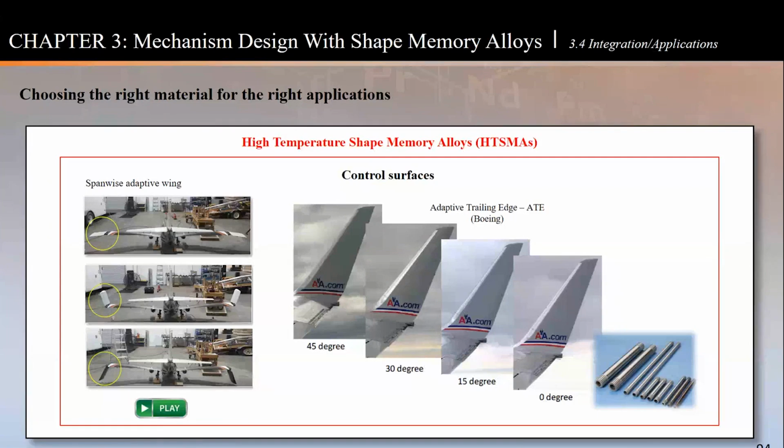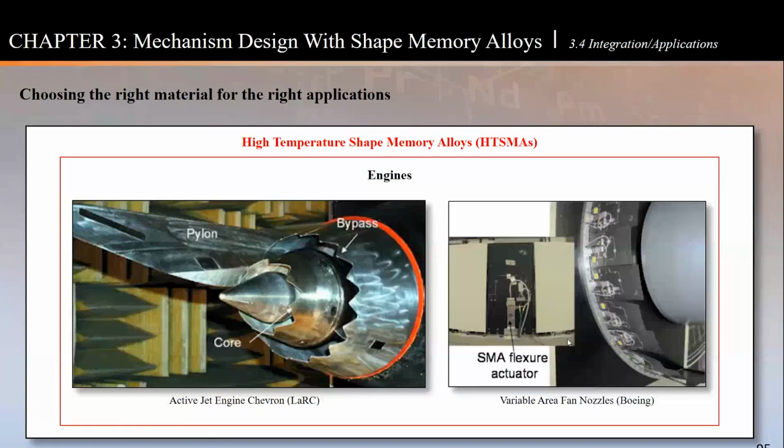I covered this one, the drone that we flew with moving the wingtips up and down. Boeing did an experiment moving the flap up and down using tubes. Langley did an experiment with the chevrons on the engines. You can see another fan nozzle with Boeing, and you've seen the rock splitter and the vortex generators.